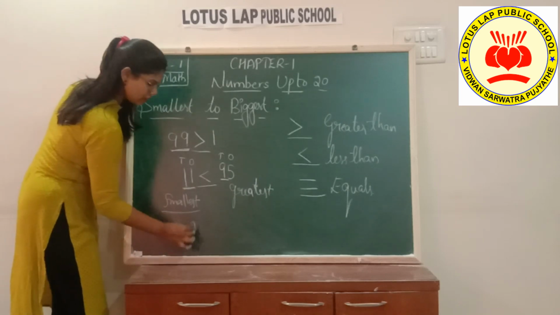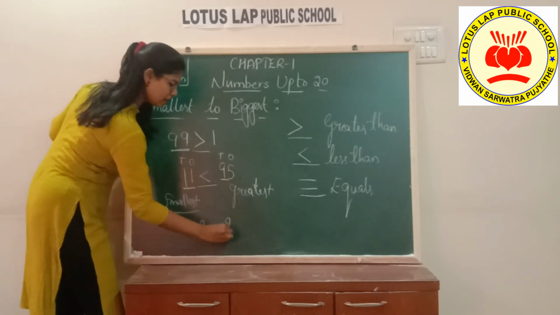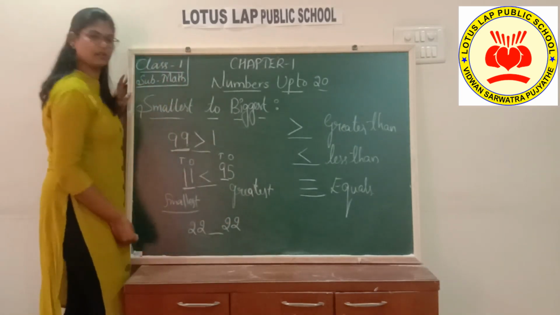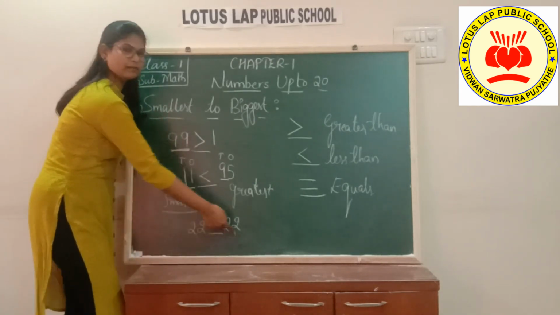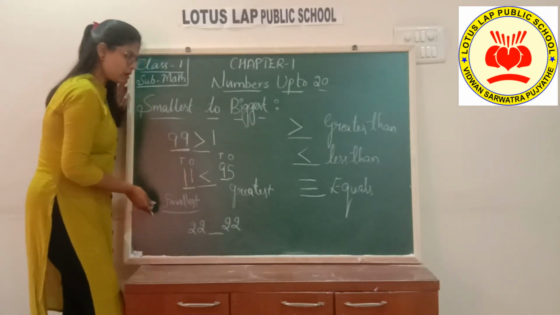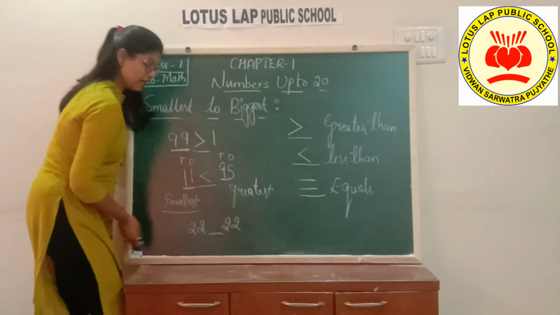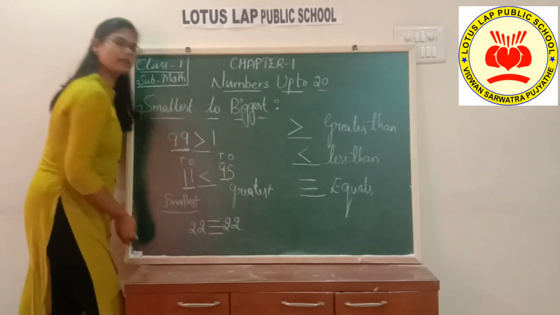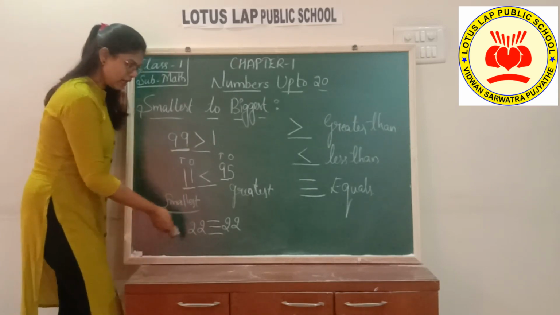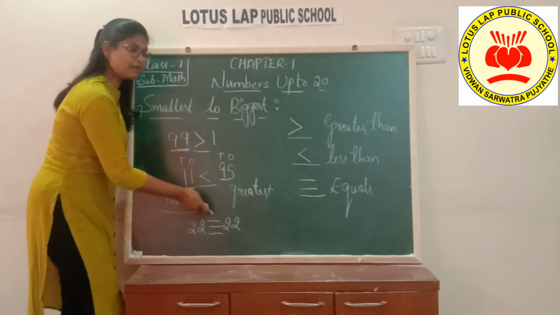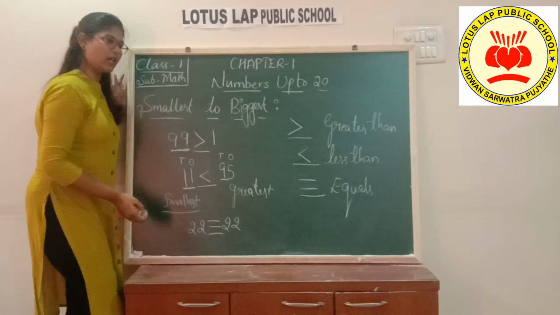Okay? Here 22 and 22. Both the numbers are same. We can't write smallest or greatest. Right? What is the symbol we have to write? Equal to. What is the statement? 22 is equals to 22.